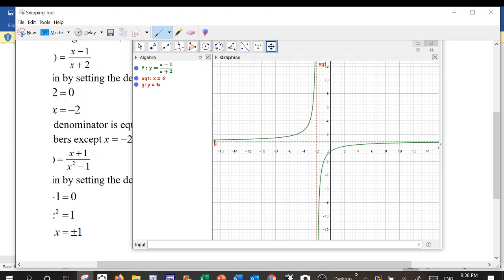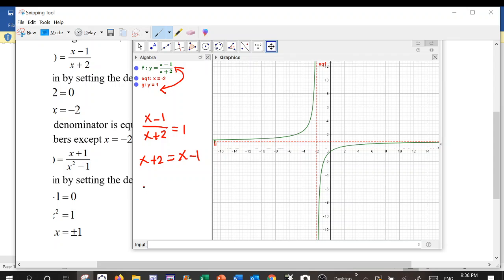Well, what we can do is set these two equal to each other. So we're going to set the function, which is x minus 1 over x plus 2, equal to its own asymptote, which is 1. And then cross multiply, so x plus 2 is going to equal x minus 1.